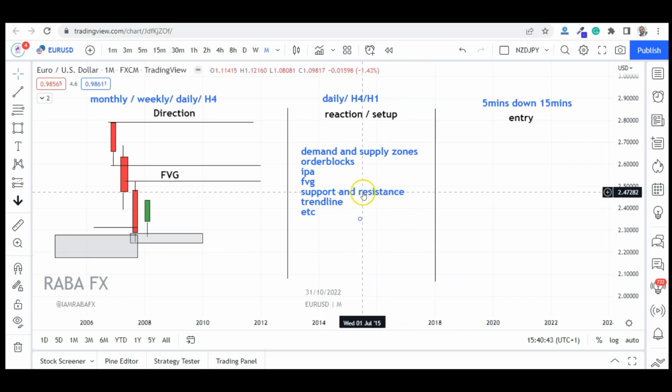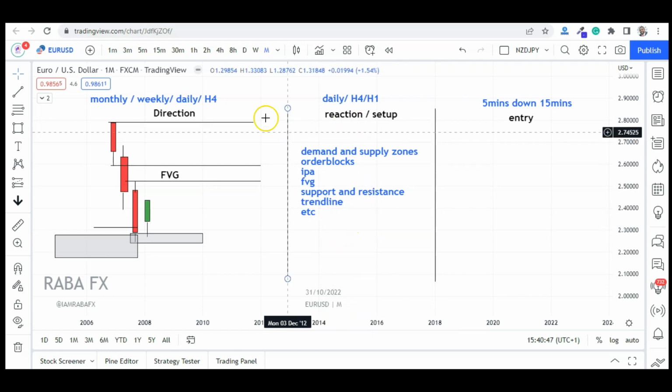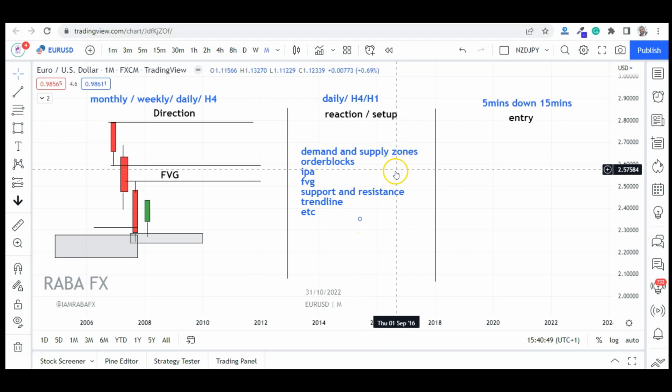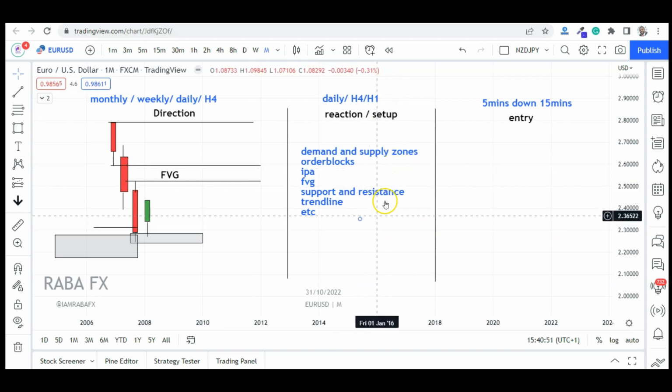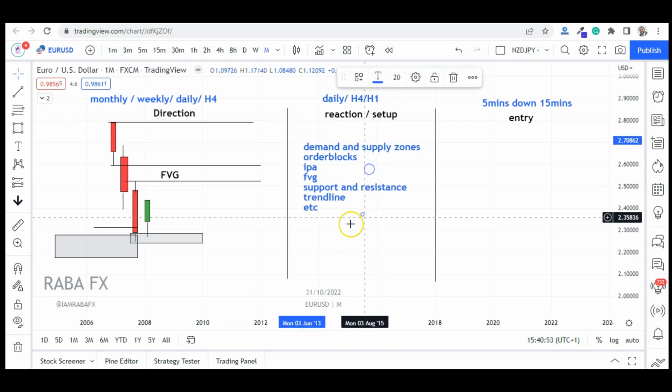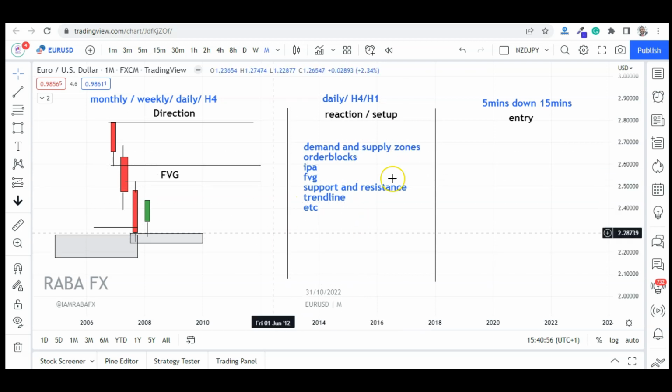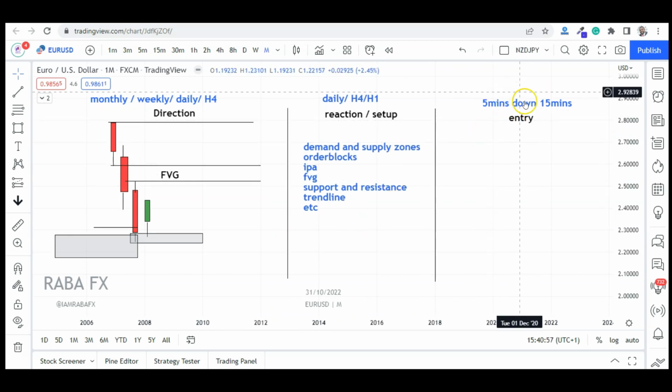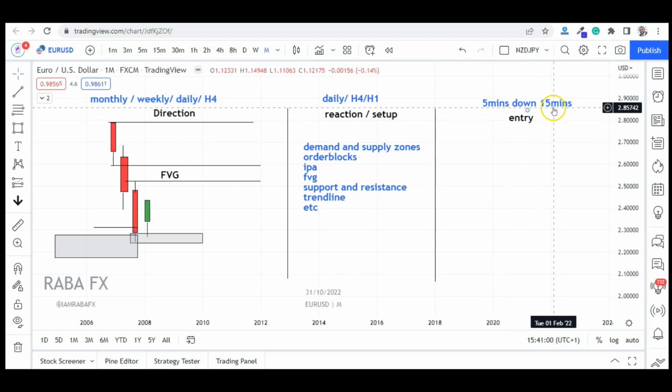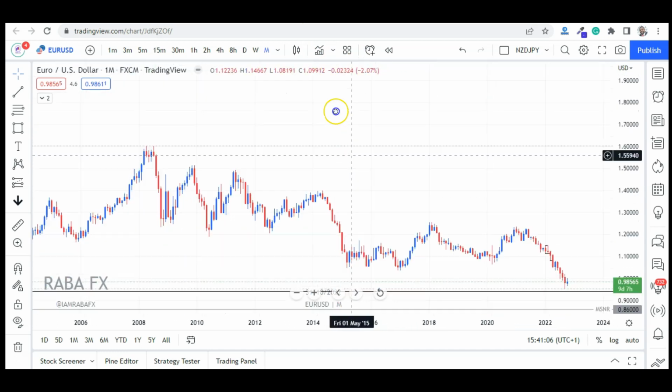There's nothing wrong with that, if it makes you money, good. But you can add this knowledge here to increase your win rate. So I'm going to share on the chart what to do in this case. Then your 5 minutes will be a form of entry time frame.